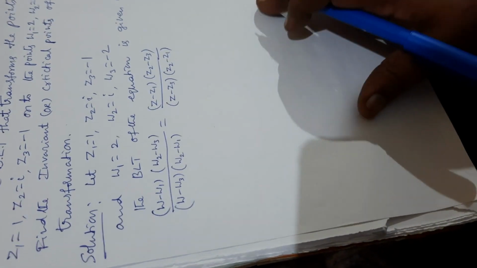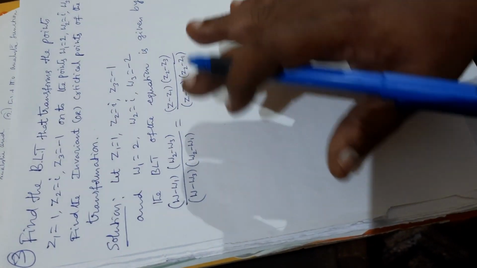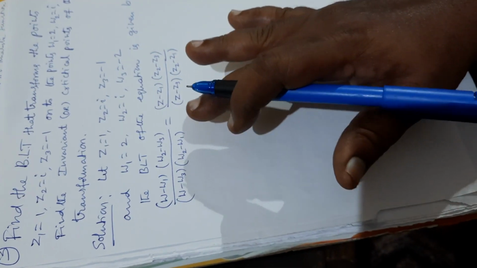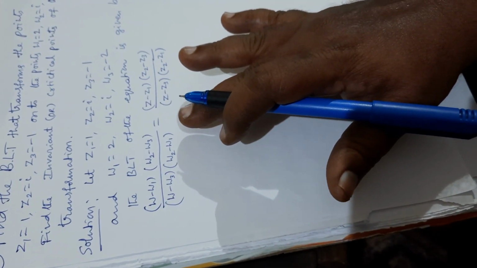This is the required bilinear transformation. Next, we substitute z1, z2, z3 and w1, w2, w3 that we know into this equation.